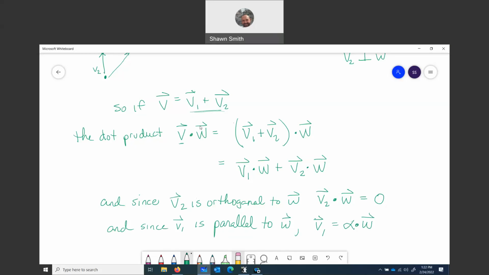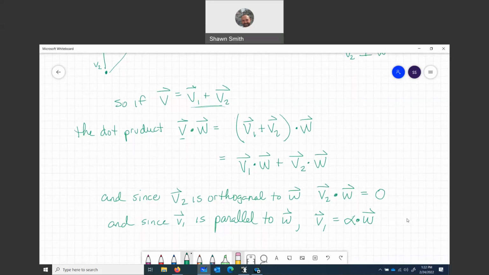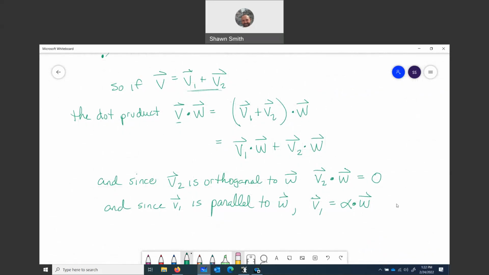Alpha means a scalar multiple, so some number multiplied to W. That number may be a fractional value which shrinks W, or it might be a bigger value that gets multiplied to W to make it larger. So this is for some scalar alpha.